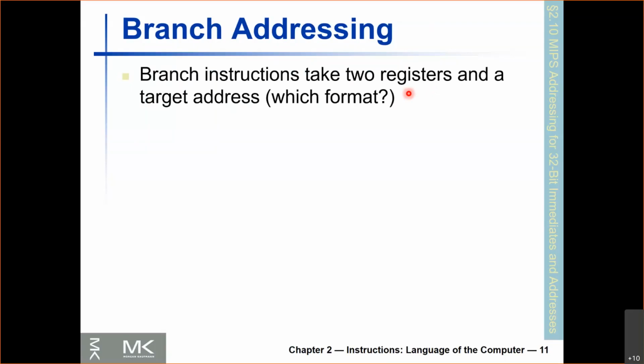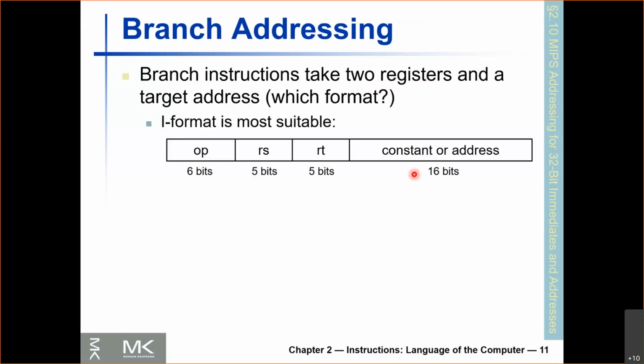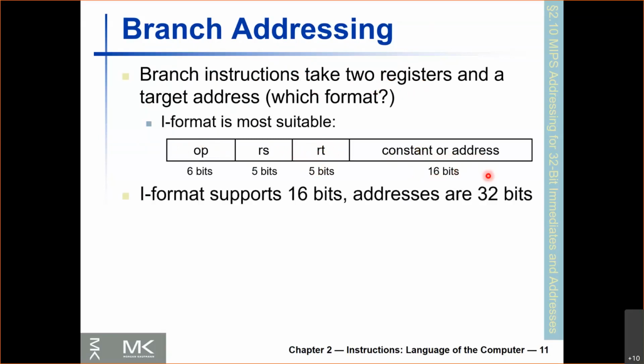So for the branch instructions, since the branch instruction takes two registers and a label, we will represent it using the I format, where we have the opcode for the branch instruction. RS and RT will be the two registers that we're comparing for equal or not equal. And then the remaining bits are going to be the constant or the address. So somehow we need to represent our label as 16 bits. Okay, so the I format supports 16 bits.